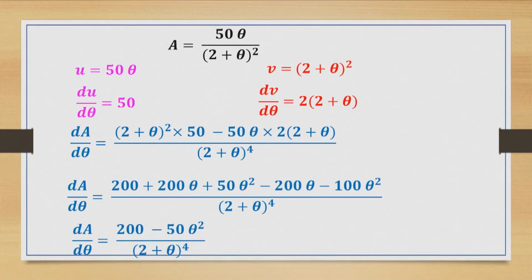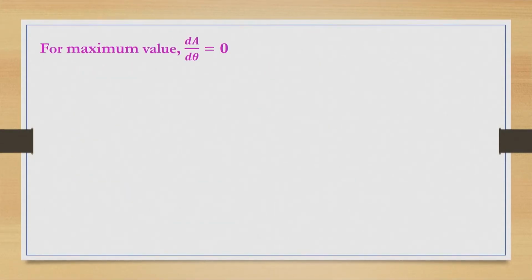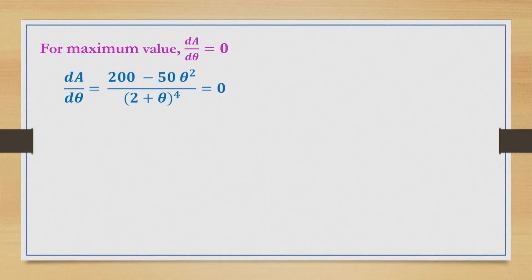Simplifying, I get dA by d theta equal to 200 minus 50 theta square over (2 plus theta) to the power of 4. Now for maximum value, dA by d theta will be equal to 0. That is, I equate the expression obtained previously to 0.